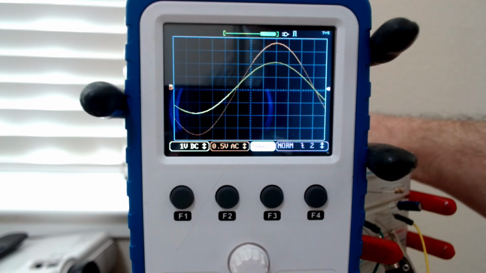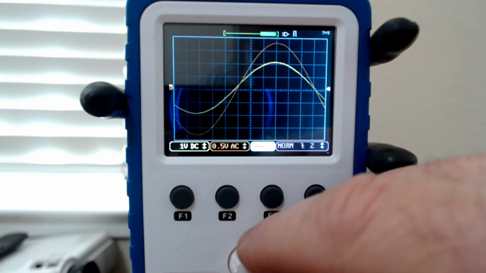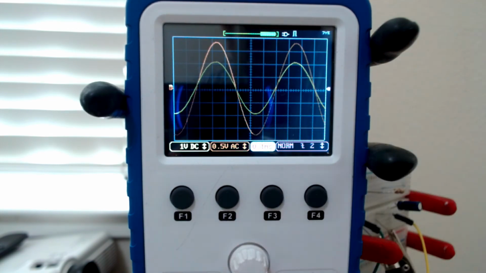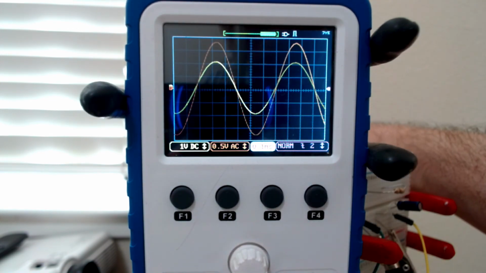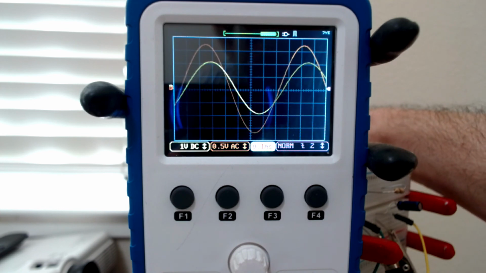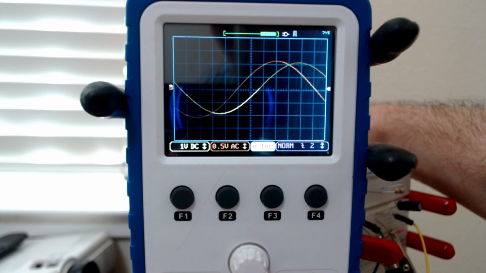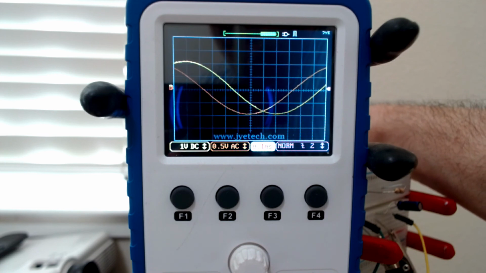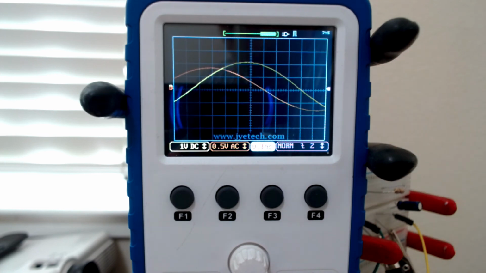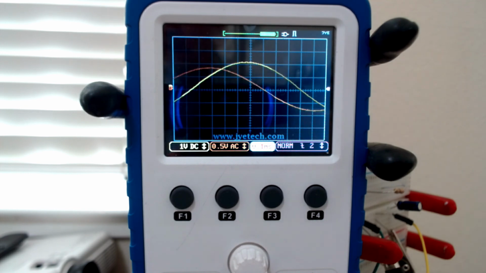And so if I go below that, and I got to change scale, if I go below that, you will see now the phase shift become negative and the capacitor dominates here. And as the effect of the capacitor becomes more significant, then the voltage across the resistor you can see gets smaller and smaller.